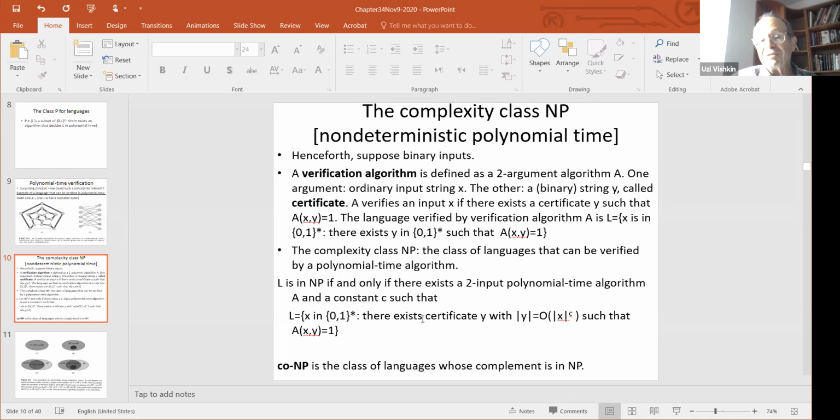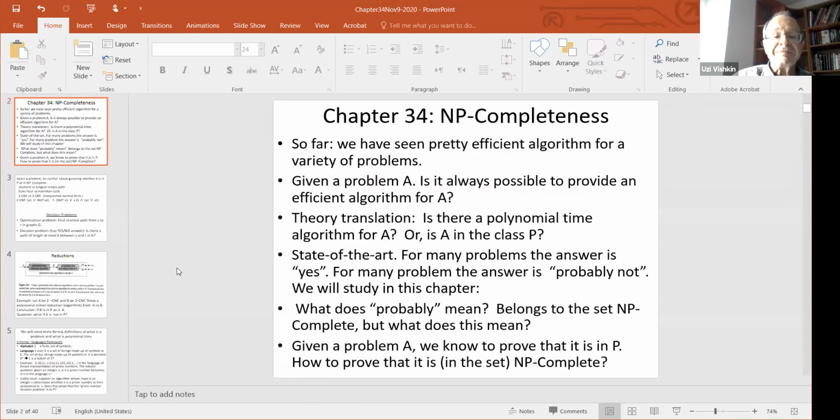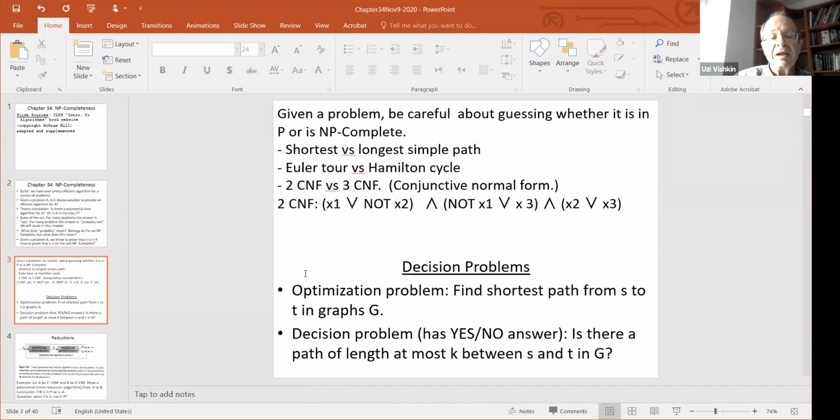It's not a verification situation. So you know that there is a verifier, meaning you know, like for example here, there is a satisfying assignment, right? But what is it?